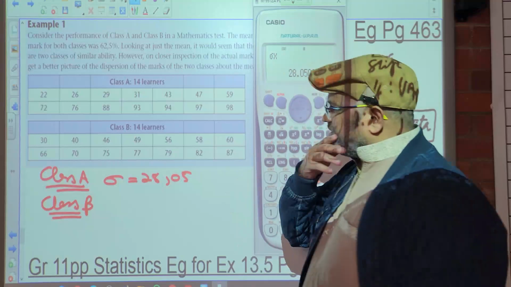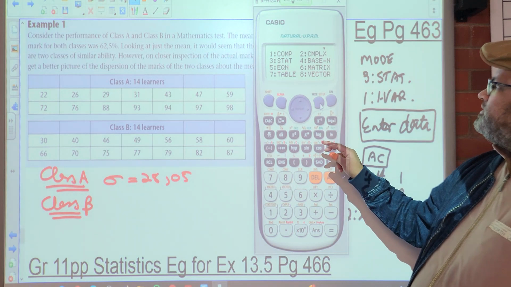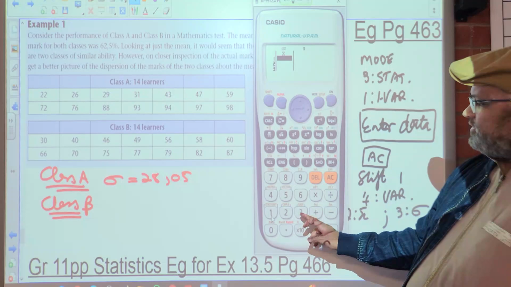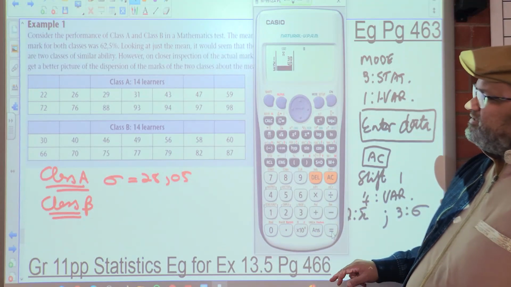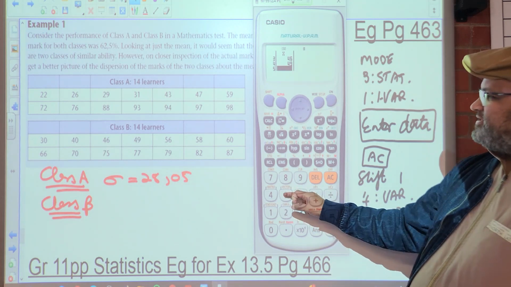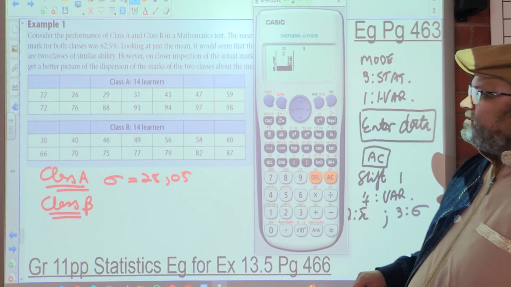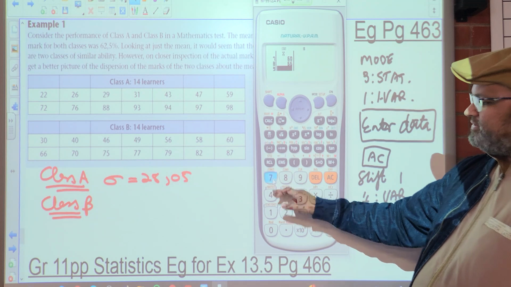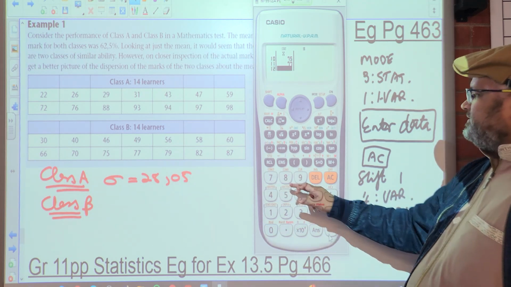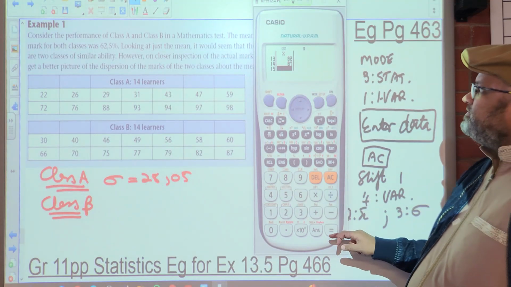So let's enter the data again in the calculator. So again, mode 3, then 1. Enter the data again. So it's 40, 30, 30, 40, 46, 49, 56, 58, 60, 66, 70, 75, 77, 79, 82, 87.